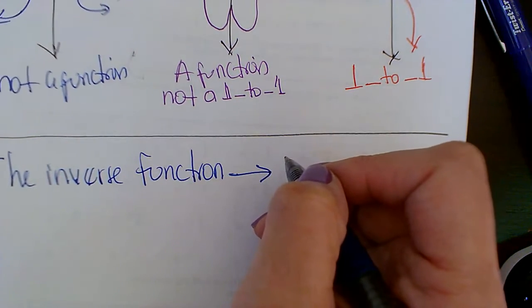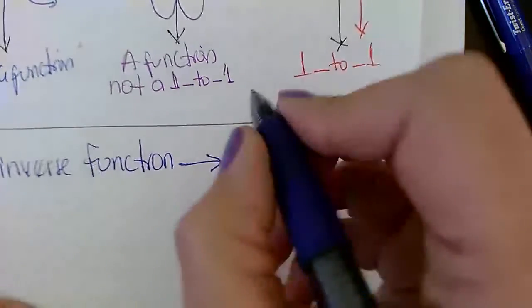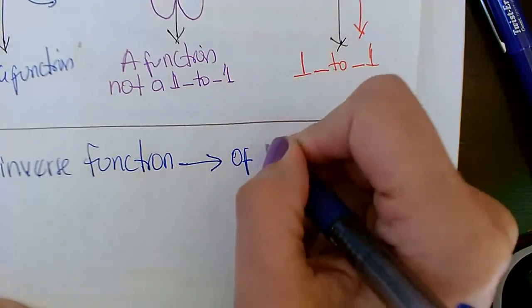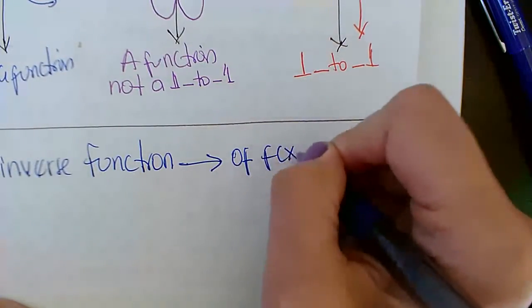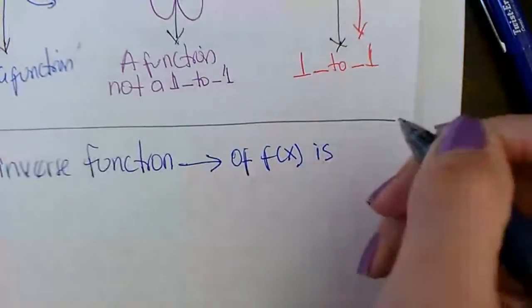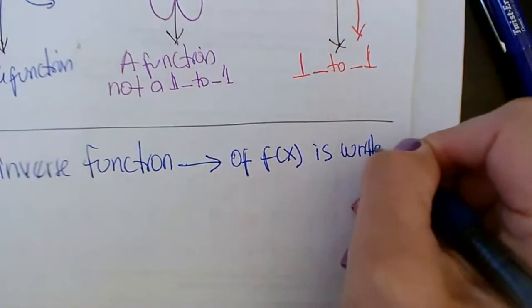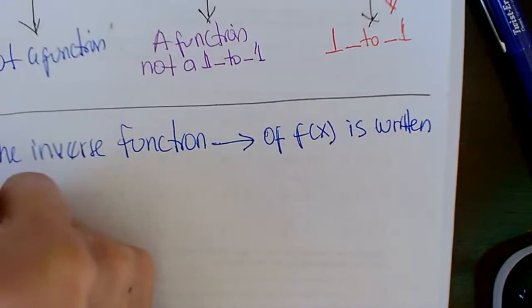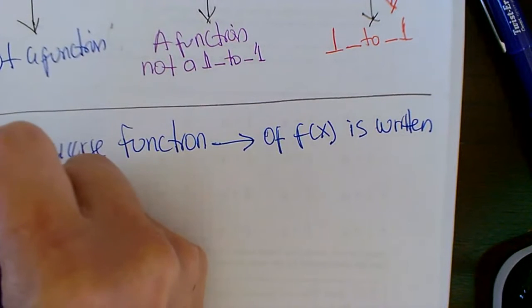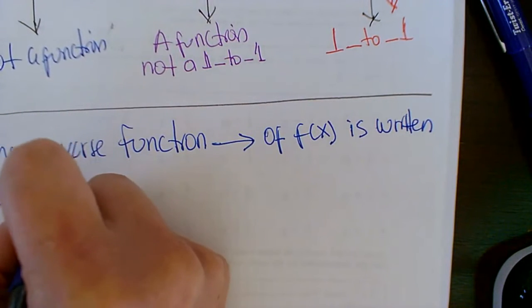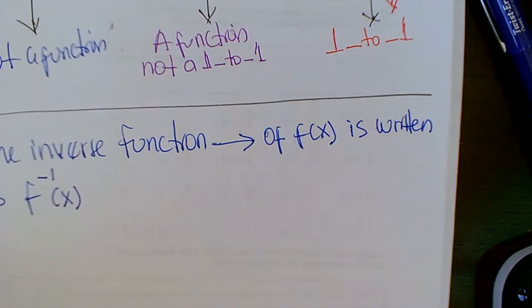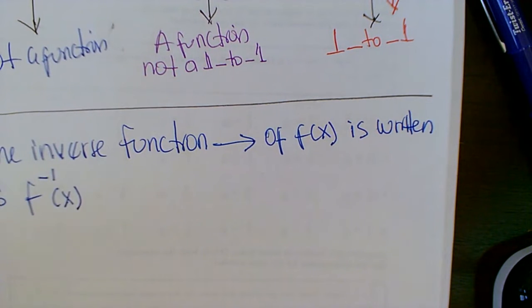So the inverse function of f of x is written as f negative exponent of x. So we read it f inverse.